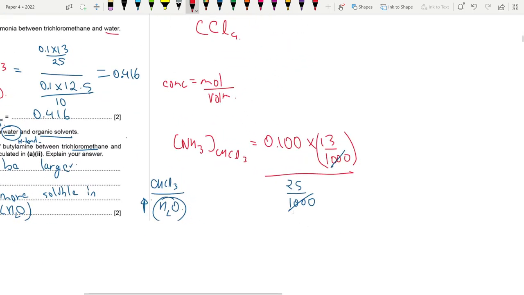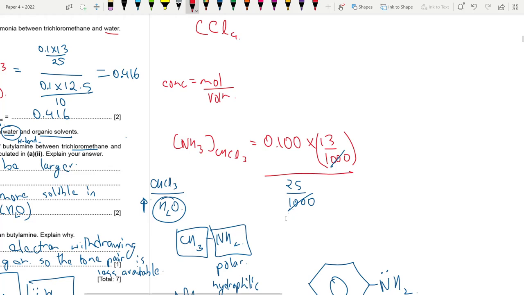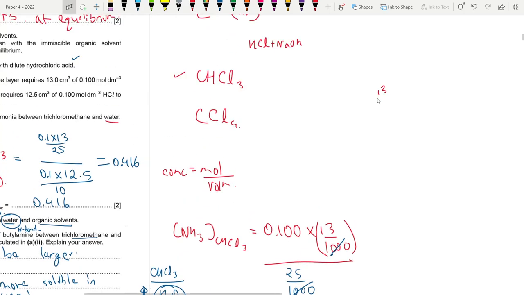This is the concentration of ammonia in the trichloromethane layer. So it was actually 13 by 1000 into 0.100, 0.1 mole per dm cube, divided by 25 cm cube, which is 25 divided by 1000.